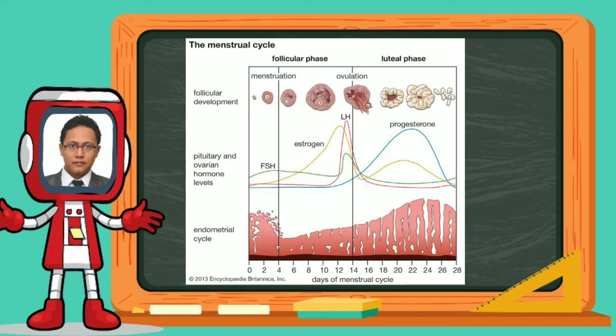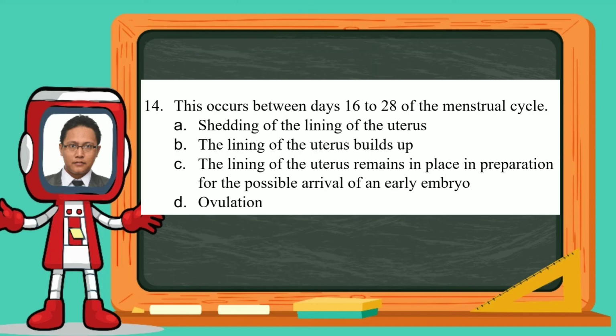It will keep making it thicker and enrich it with blood vessels. So when the zygote finally forms and latches itself into the uterus, the uterus is ready to support the baby. So for number 14, the answer is B.